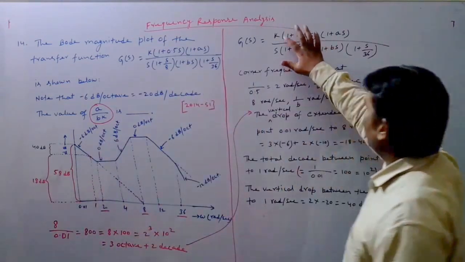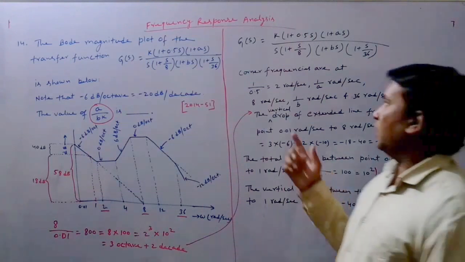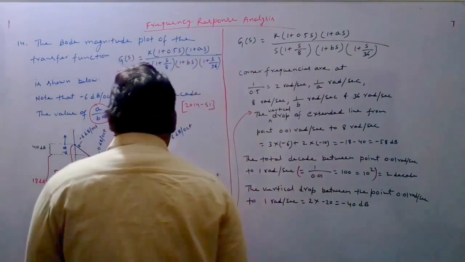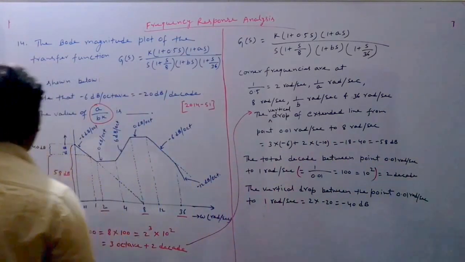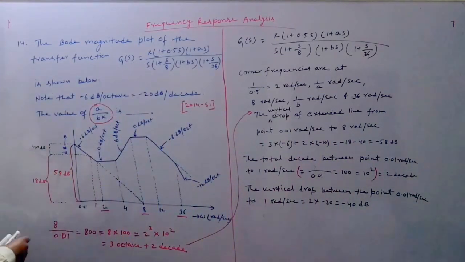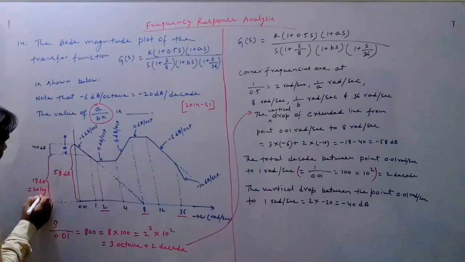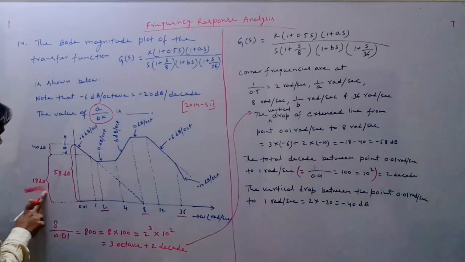The contribution due to k in Bode plot is equal to 20 log k. So we can write here, this one is nothing but 20 log k.